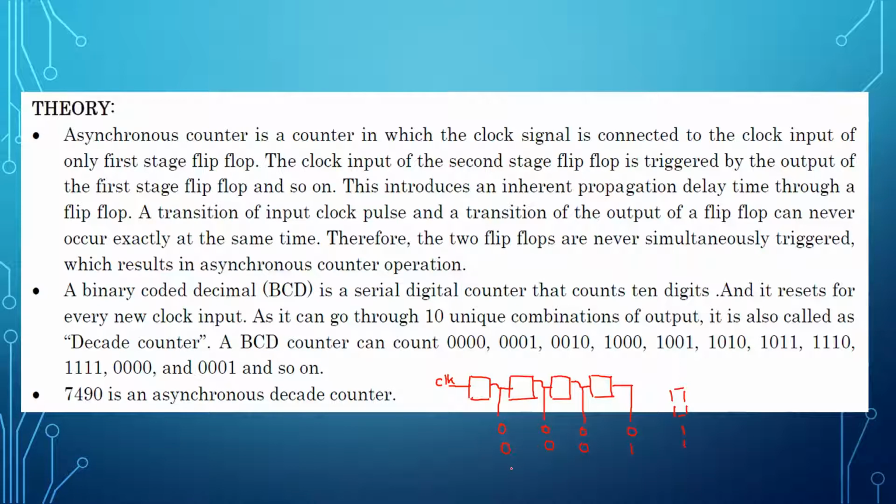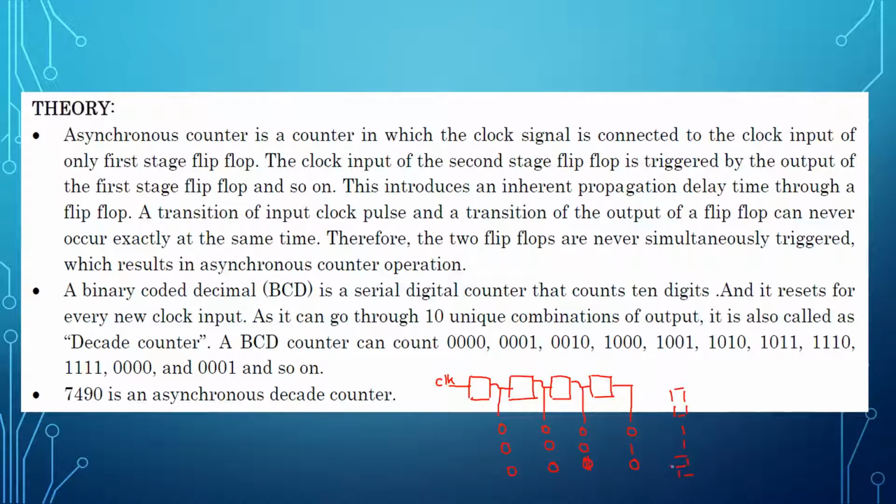When I apply the next clock pulse, my counter will be giving me an output of 0010, which should be given to the decoder and from the decoder to the 7-segment display, and my 7-segment display will be displaying the number 2 like this, and this goes on up till 9.